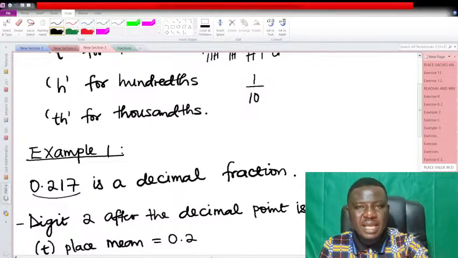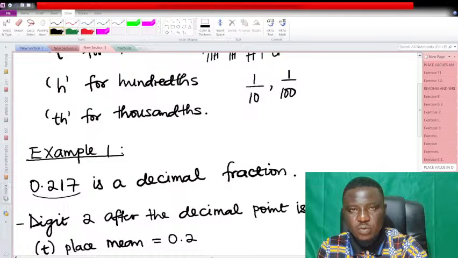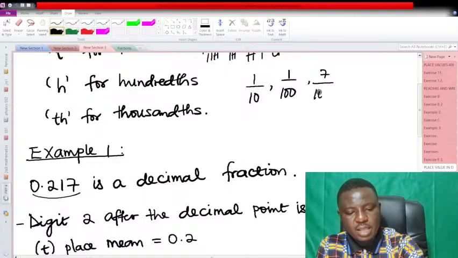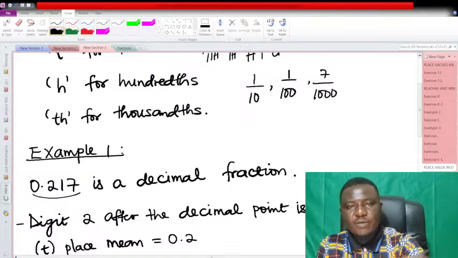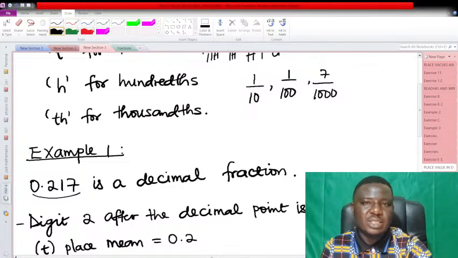So it's said to be in the 10th place value, while for the second place value, it is divided by 100. That is why it's said to be the 100th place value. And for the 1000th, it is divided by 1000. So in proper fractions, this is how this can be written.